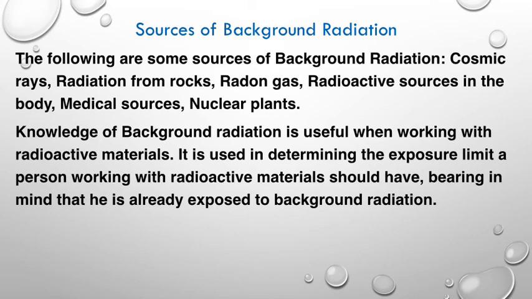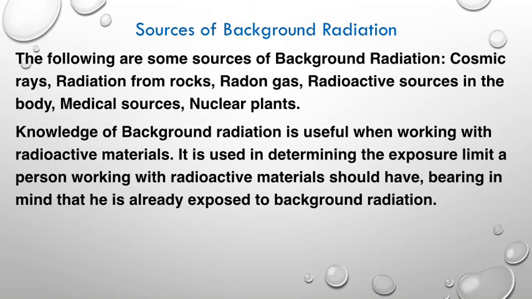If, for instance, a scientist working on uranium is still safe being exposed to 20 microsieverts of uranium, you cannot just say that until he gets 20 microsieverts from uranium, that's when he is safe. Don't forget that you must already factor in that he's probably already exposed to 5 microsieverts from the surrounding.